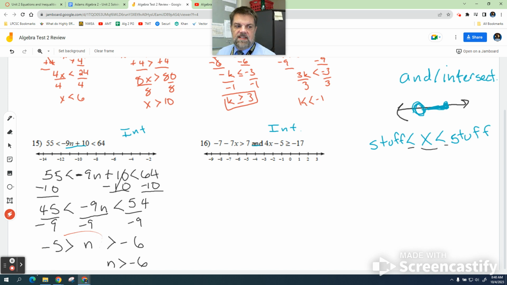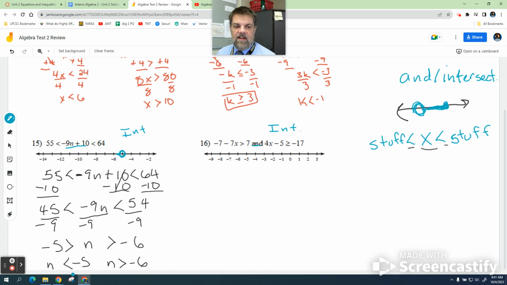But over here, I'm going to rearrange this as a separate thing. So I put n here, and I'm going to put my negative 5 here. To graph this, I'm going to say open circle at negative 5, and any value less than.